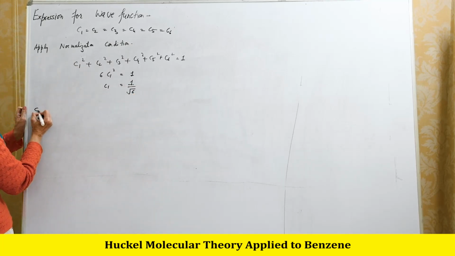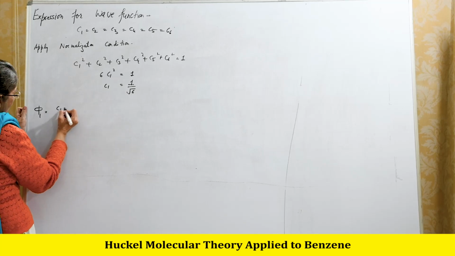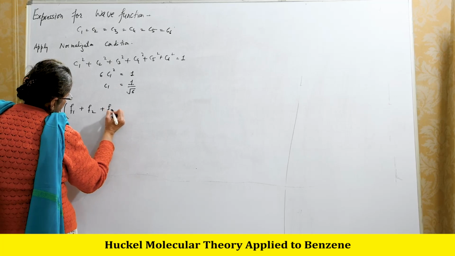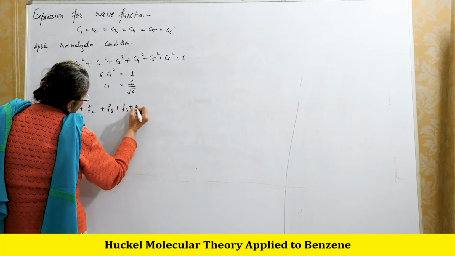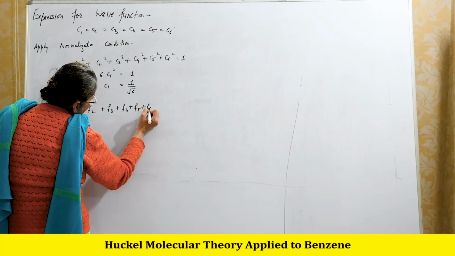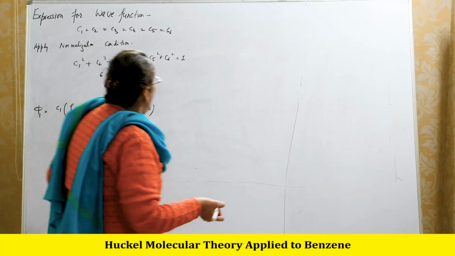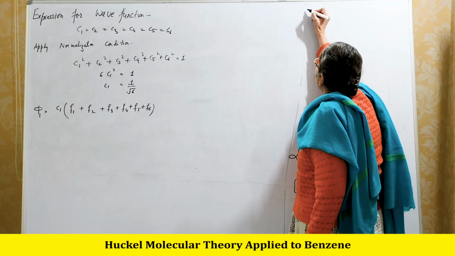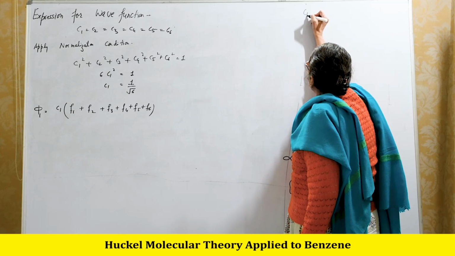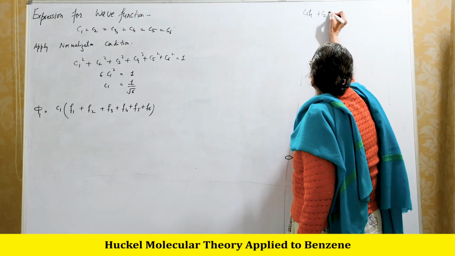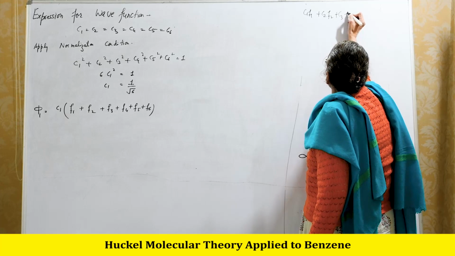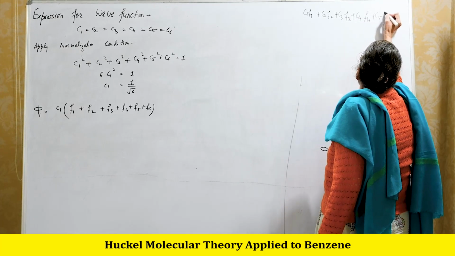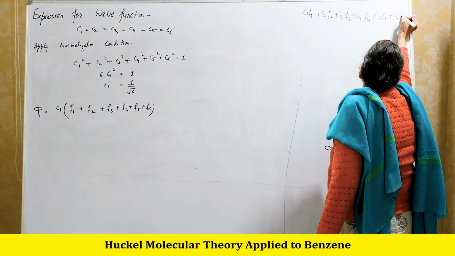So we get phi 1 is equal to C1 times (F1 plus F2 plus F3 plus F4 plus F5 plus F6), because this molecular orbital is a linear combination of 6 pi atomic orbitals. That is, C1 F1 plus C2 F2 plus C3 F3 plus C4 F4 plus C5 F5 plus C6 F6.